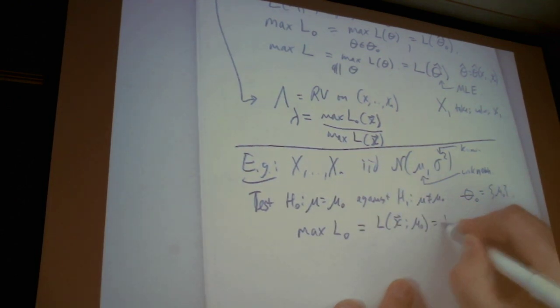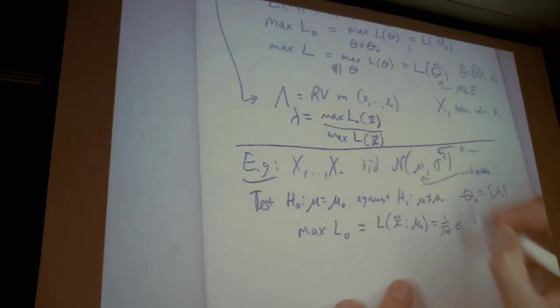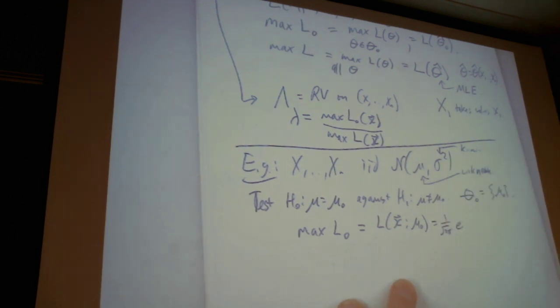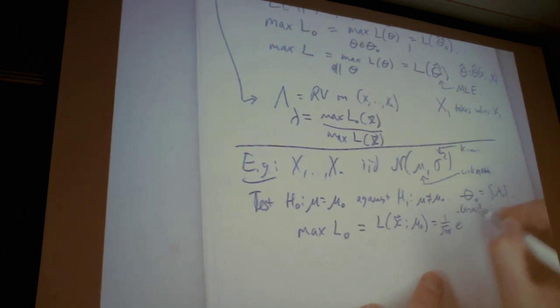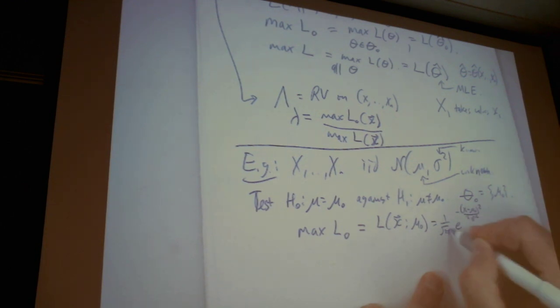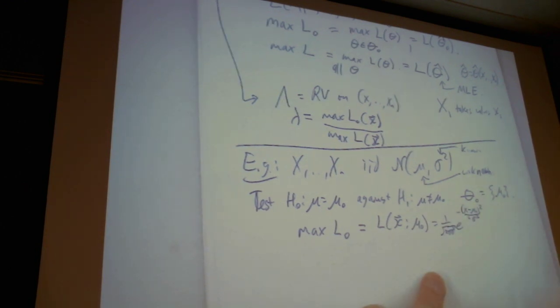In other words, 1 over root 2 pi sigma squared, let's keep the variance a variable so you can see what's going on, e to the minus x1 minus mu0 squared over 2 sigma squared, times, up to xn, 1 over root 2 pi sigma squared e to the minus xn minus mu0 squared over 2 sigma squared.